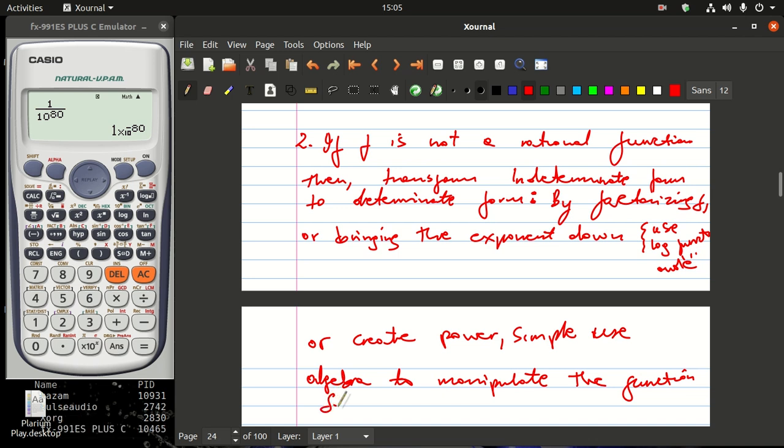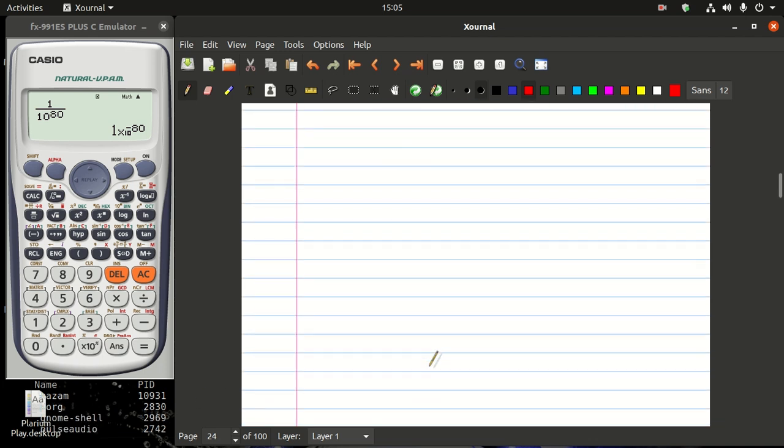So we are just manipulating the function f and seeing if we can get what we're looking for here. Let me take some examples. Suppose I want to evaluate the limit as x approaches positive infinity of x cubed minus x.